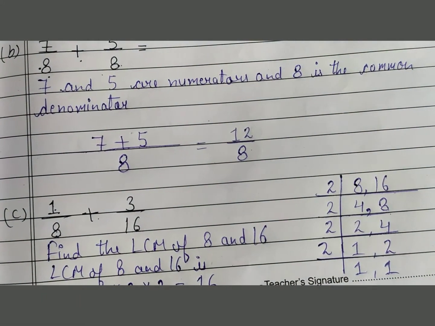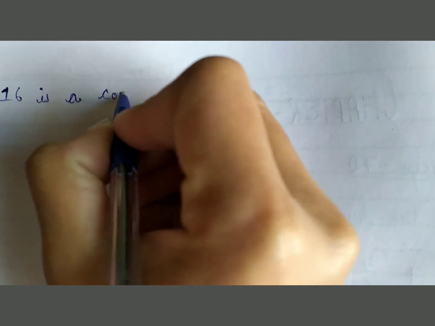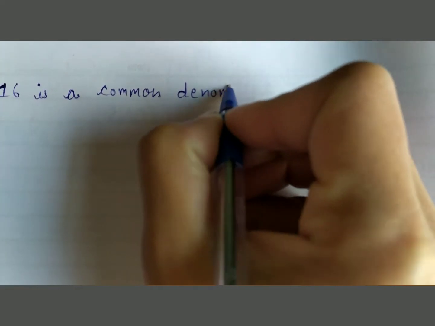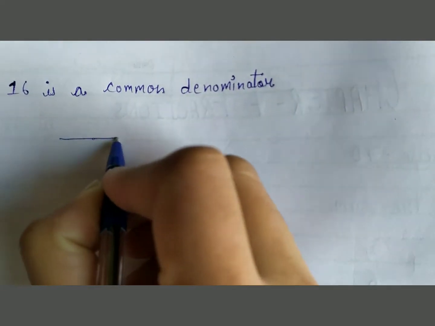The LCM is 16. Children, 16 is a common denominator.